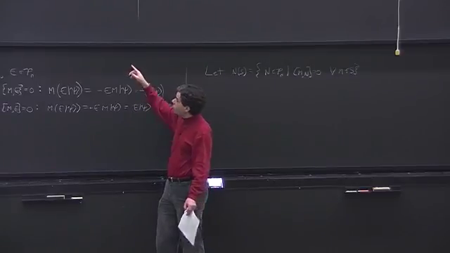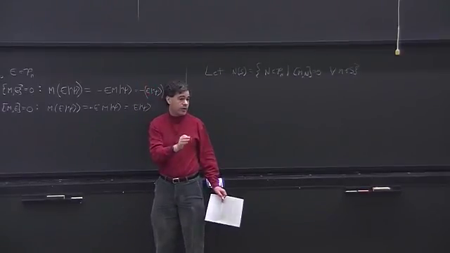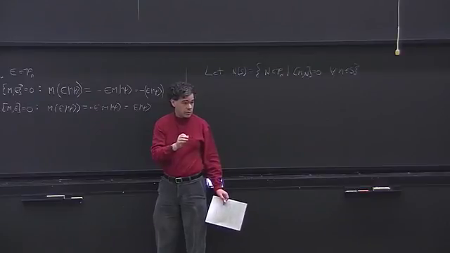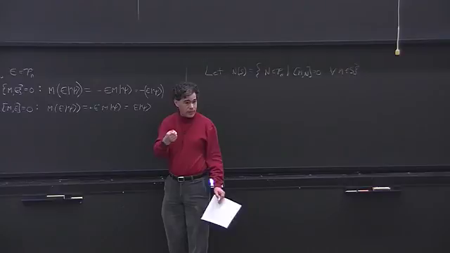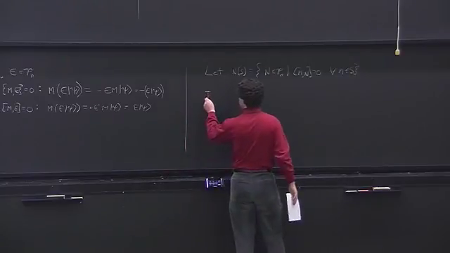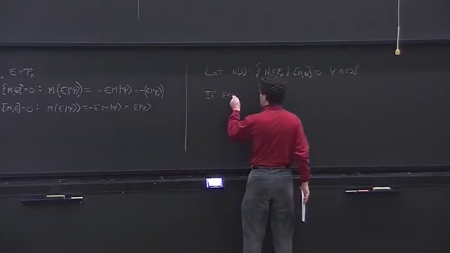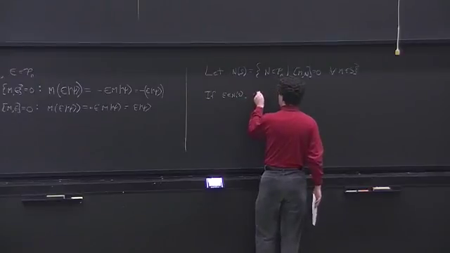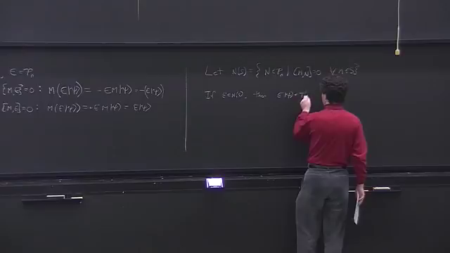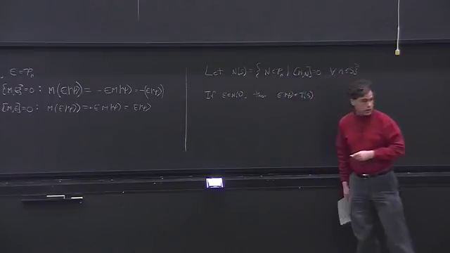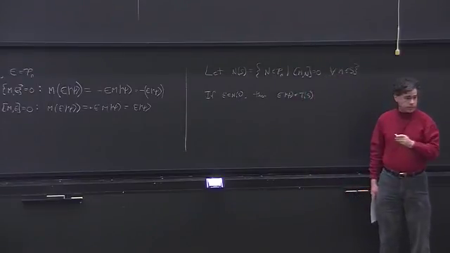Remember that the code space was defined as the set of everything that has +1 eigenvalue. So when E is in N of S, E psi is also in the code. So N of S is a set of Paulis that map code words to code words.